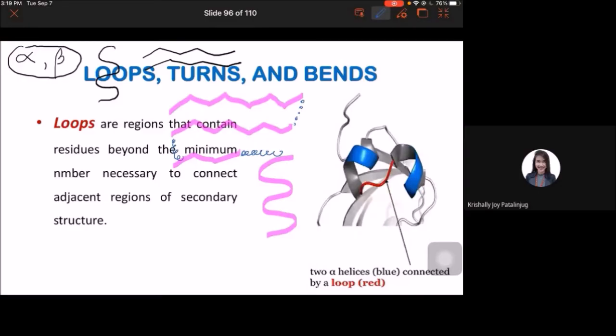Okay, for loops, sabi dito, these are regions that contain residues beyond the minimum number necessary to connect adjacent regions of secondary structure. Yung point lang po dito is yung loops, nagko-connect siya ng alpha helices and beta pleated sheets, for connection purposes. Yan yung role ng loops.